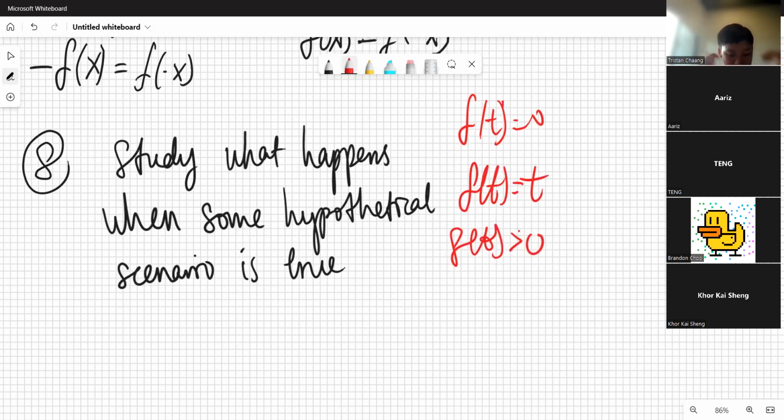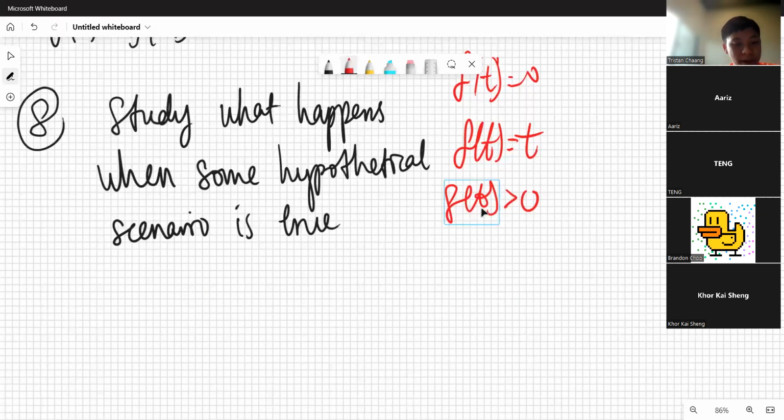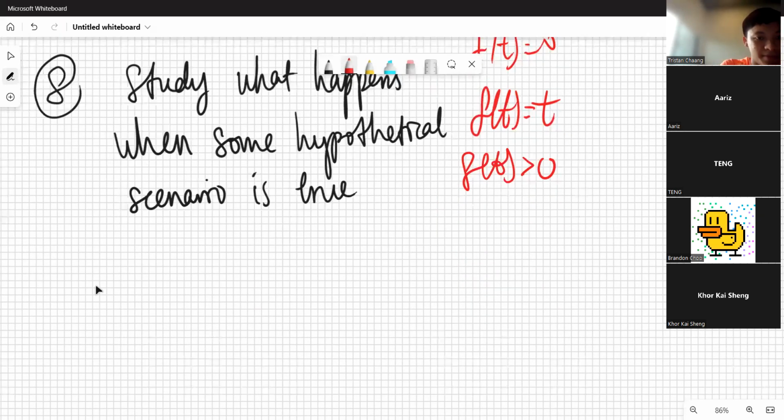If you prove a contradiction from it, then you know that f(t) is less than or equal to 0 for all t. If you cannot manage to prove a contradiction, it's fine. Maybe afterwards you can find some case where your hypothetical scenario can be true. And of course, thinking about the hypothetical scenario will be quite hard. You have to cater to the problem itself.